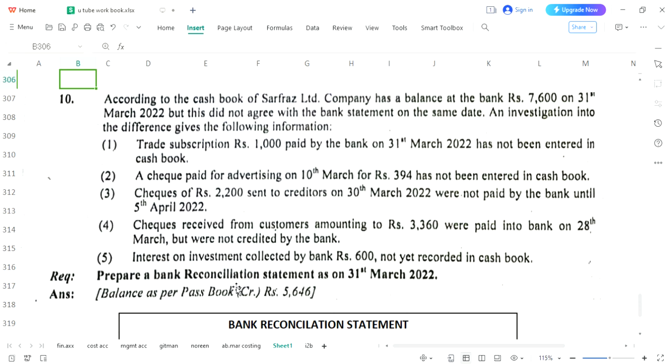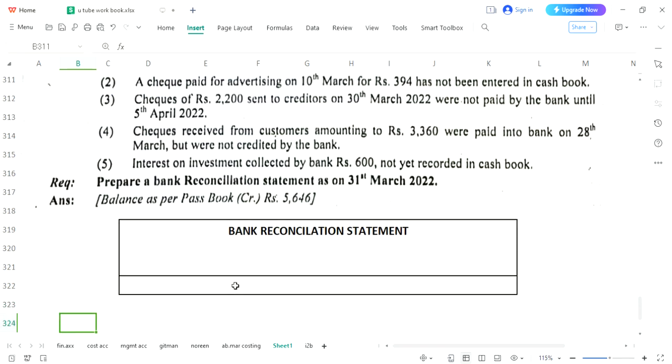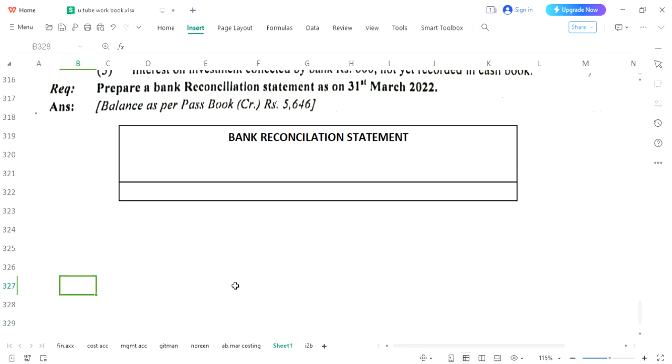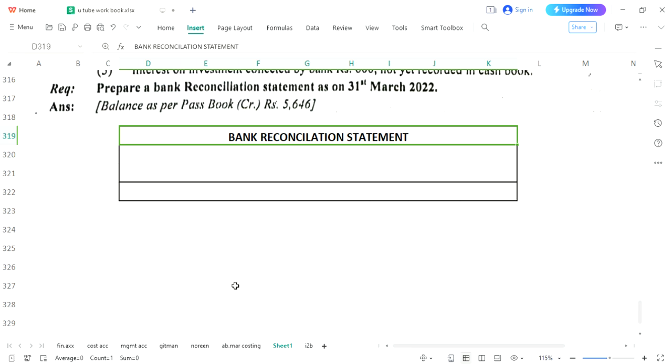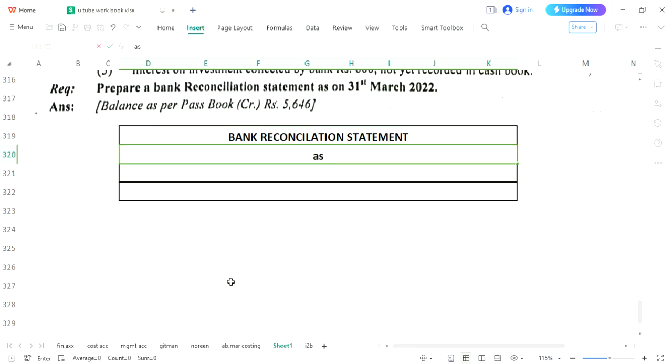We will put the headings first, as usual. Here is our proforma. You can see that we must have 3 lines for heading. First is fixed, bank reconciliation statement, and then we will put the date as on 31st March 2022.